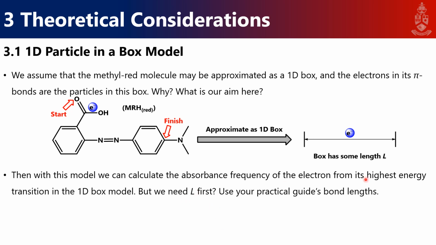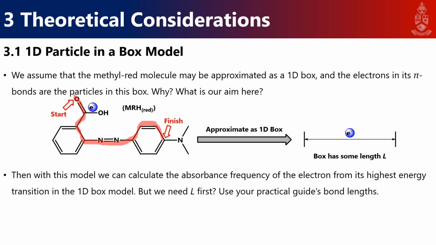Okay, but how do we calculate L? Let me change here to the highlighter, and let's take the red one. You're going to start here, move through the molecule, through these bonds, and finish there.